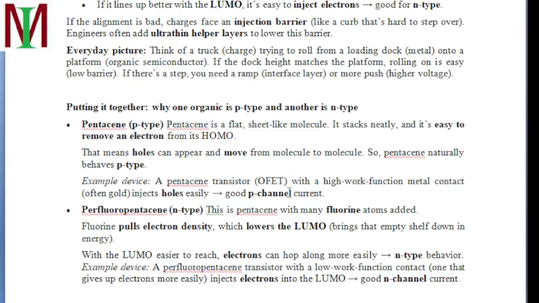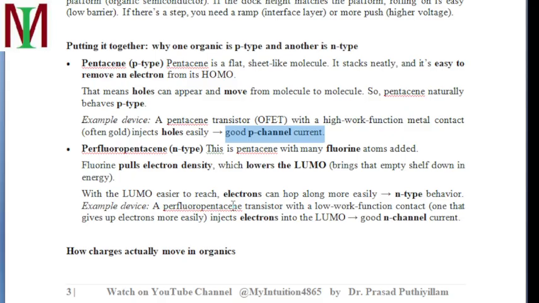Okay, so in a pentacene transistor with a high work function metal contact, often gold is connected as the contact. It will inject the holes easily, so it becomes a very good P channel current. It becomes a very good conductor of holes, or a P type semiconductor.